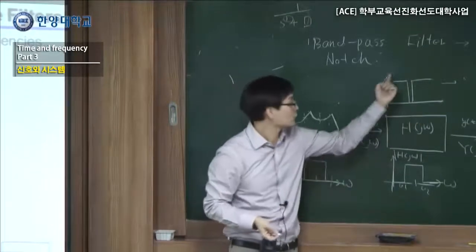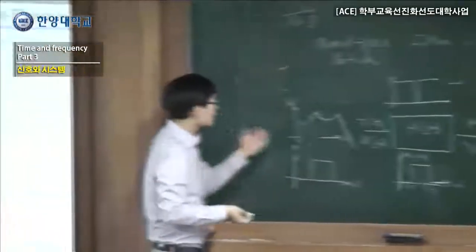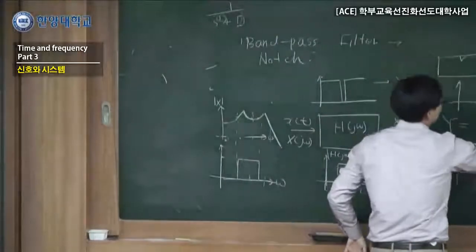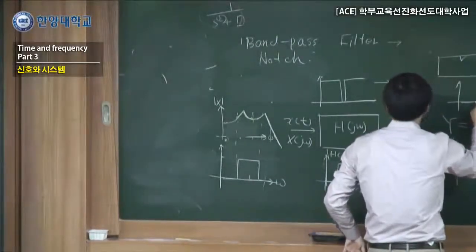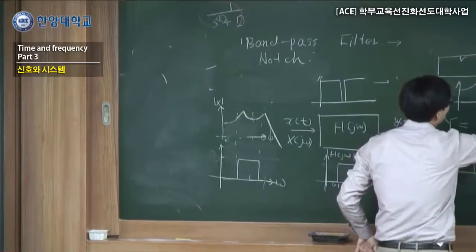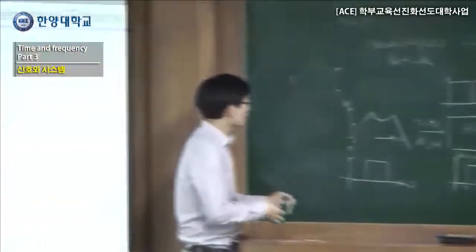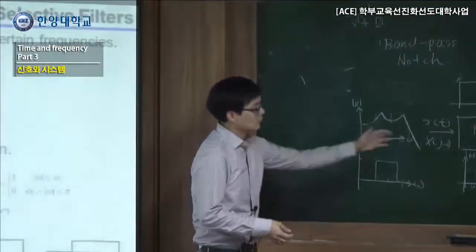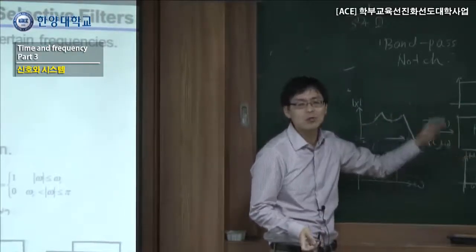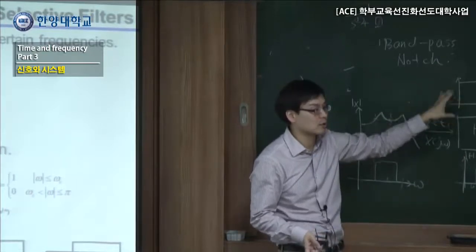That's notch filter. So when notch filter happens, they pass everything, but do not pass a certain frequency component. This and this one maybe look similar, but have slightly different functions. This one tries to pass a certain frequency component. This tries to reject a certain frequency component. There's a major difference.